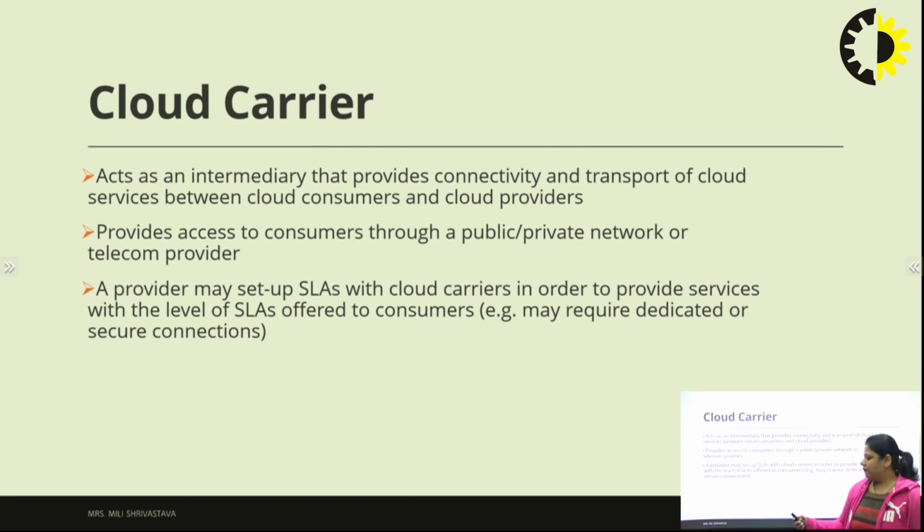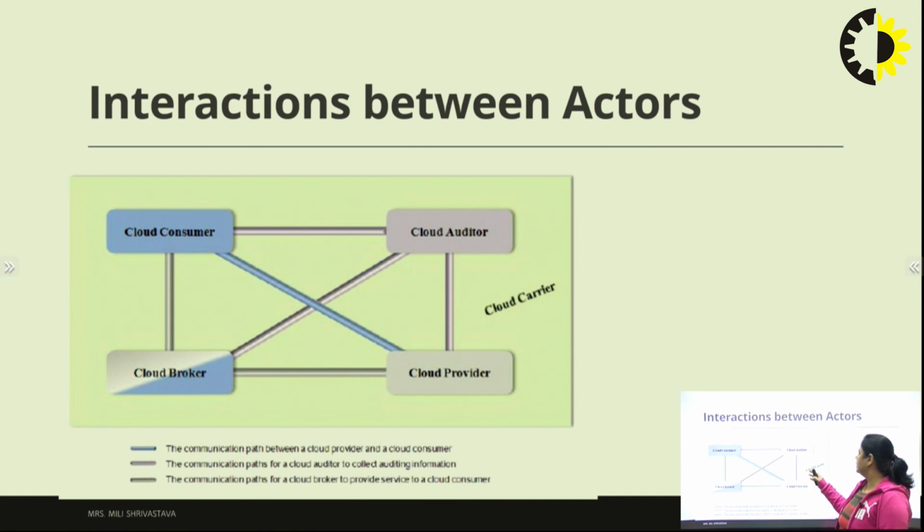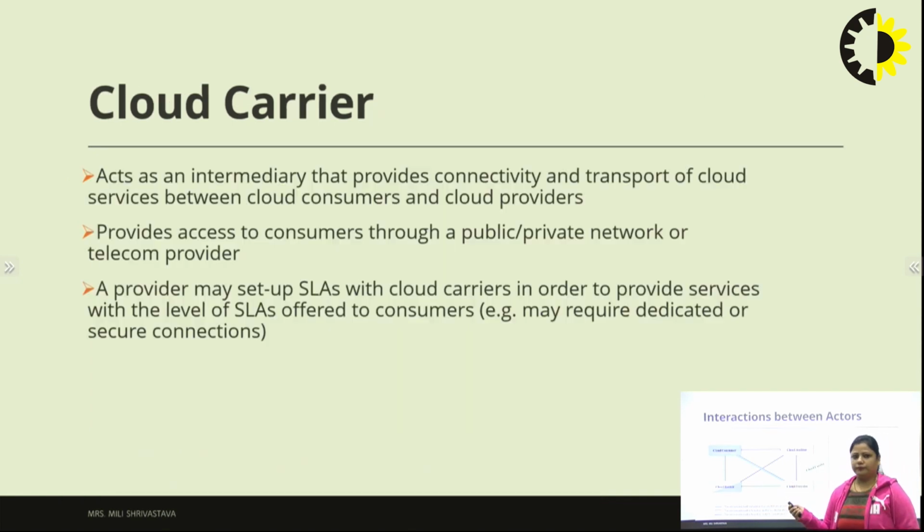In this diagram we can easily see that this is cloud carrier, and this acts as a path between cloud provider and cloud auditor. So cloud carrier acts as an intermediary that provides connectivity and transport of cloud services between cloud consumers and cloud providers, providing access to consumers through a public-private network or telecom provider.